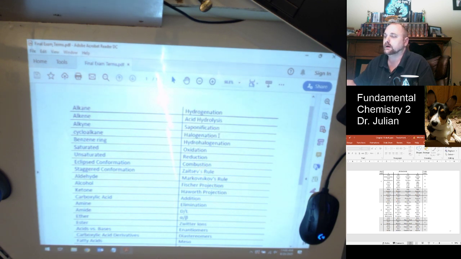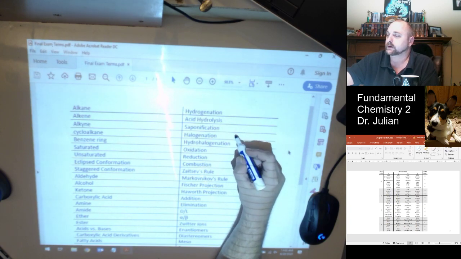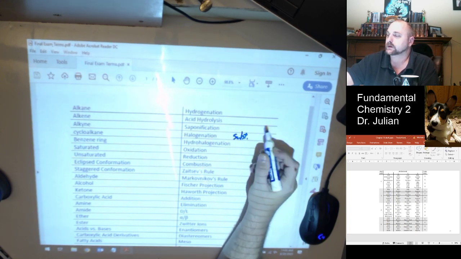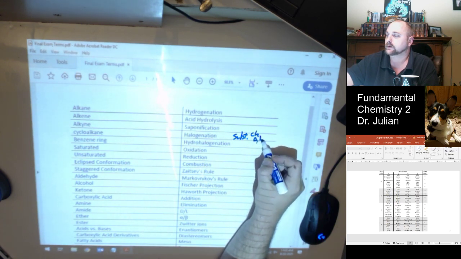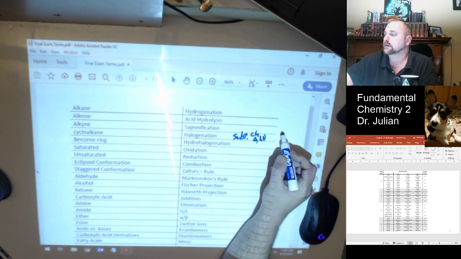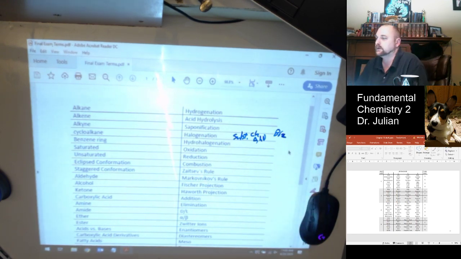Right? Halogenation, so there you have to be careful. We've got two different halogenations. We've got the substitution where we had Cl2 and light, or heat or light, and then we had our addition where we had halogenation that way.